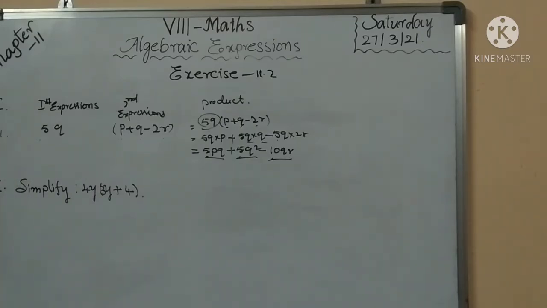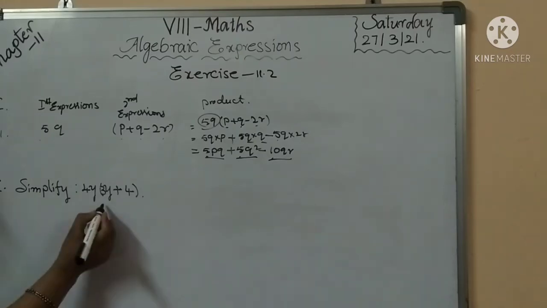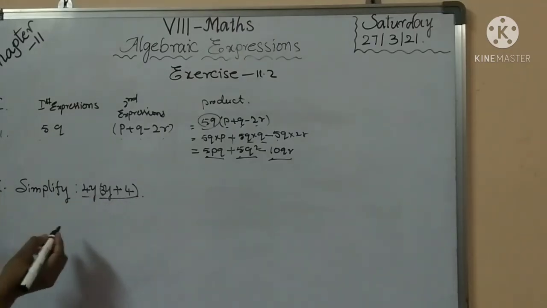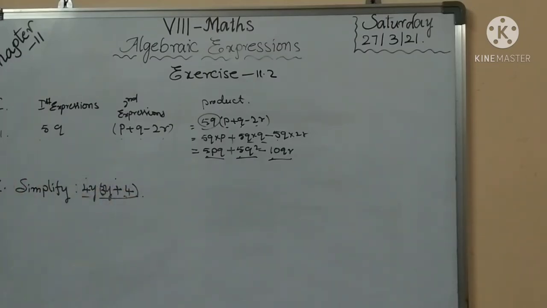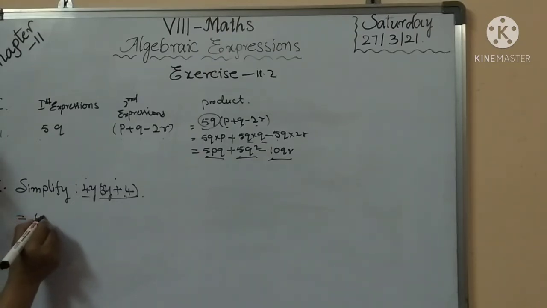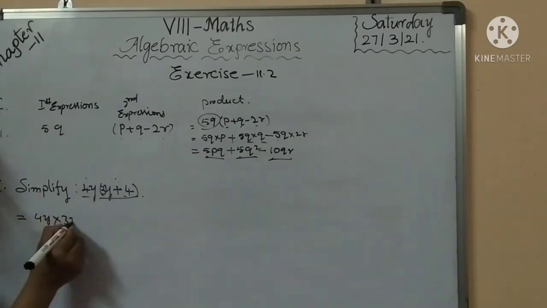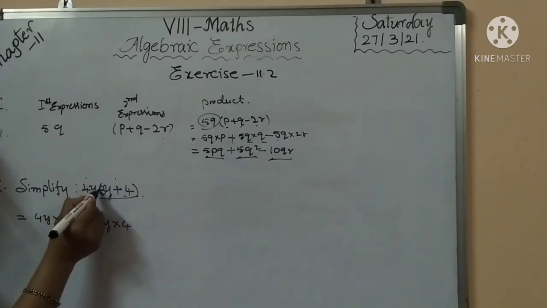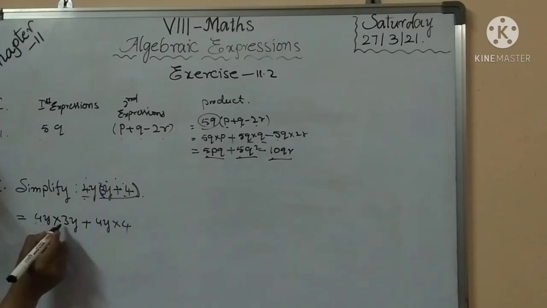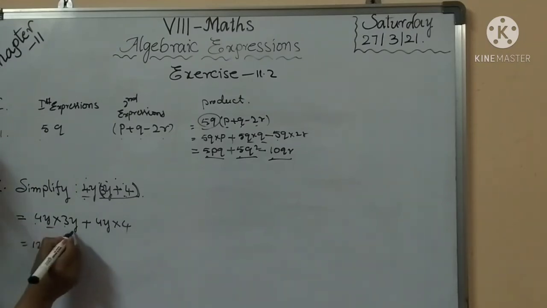Next, second one. Simplify 4y into 3y plus 4. It is one term, a monomial, and there are two terms in the bracket, a binomial. So the product: 4y into 3y plus 4y into 4. Understand, children, the monomial multiplies every term in the bracket. So 4 threes are 12, y into y.